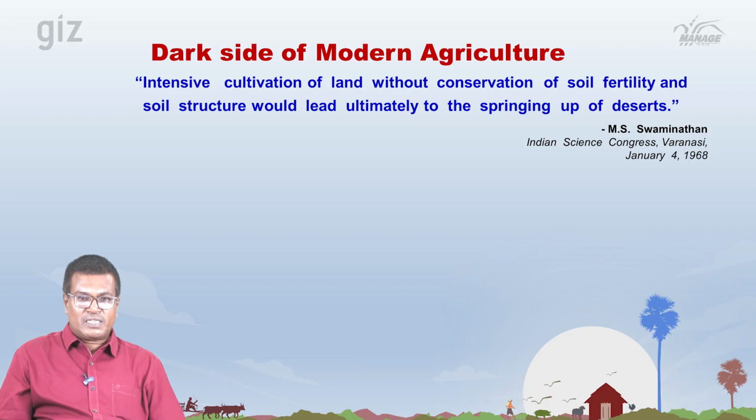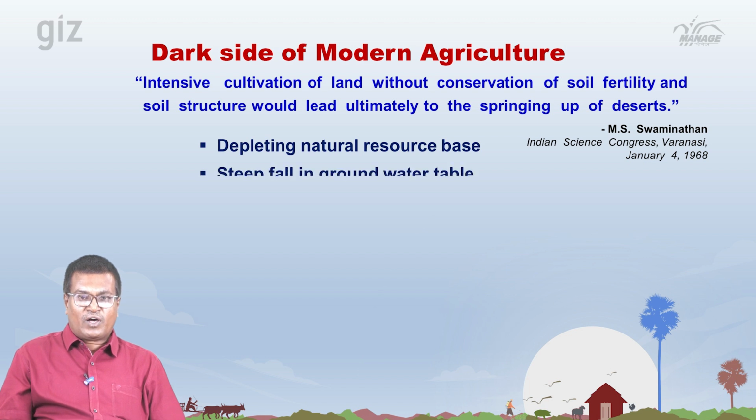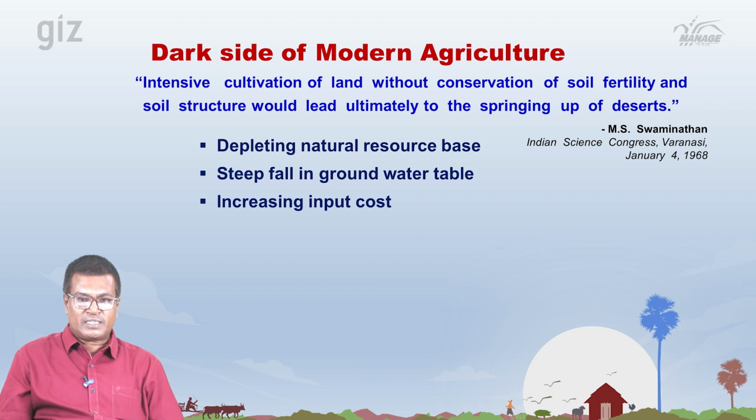With all this agriculture, which is mostly based on chemicals, we have now reached a state where our natural resource base is being depleted, and we are witnessing a steep fall in groundwater tables wherever this agriculture is intensely practiced. The cost of inputs has been rising from year to year, which is leading to increasing cost of cultivation. As farmers are not applying any organics or locally available resources apart from these chemicals, the health of the soil has deteriorated very heavily.